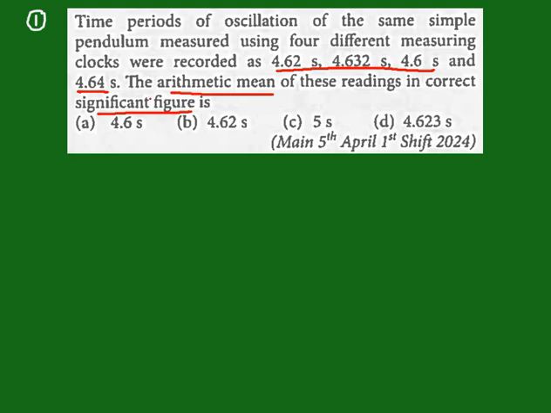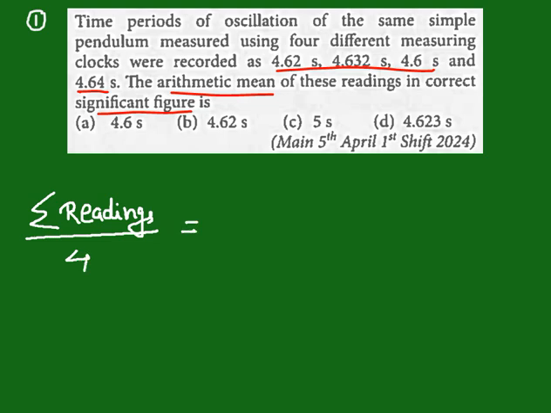IIT has never asked a question belonging to such a basic level. We have to be very careful. So for calculating the arithmetic mean, we will add up all these readings and divide it by 4.